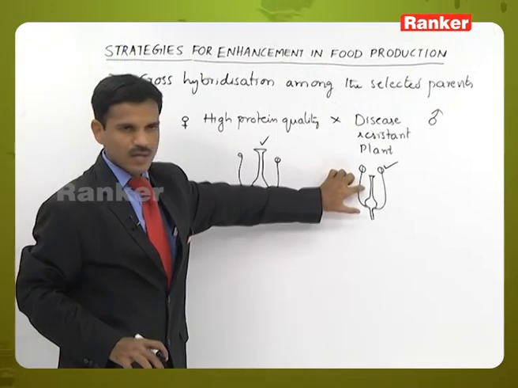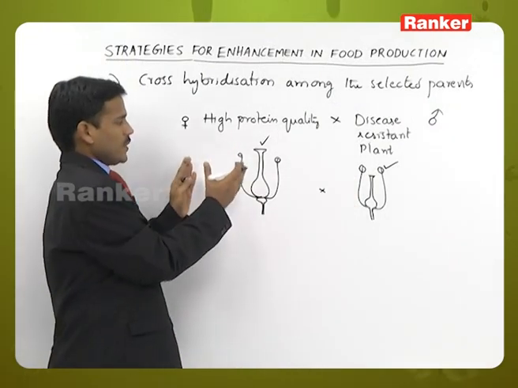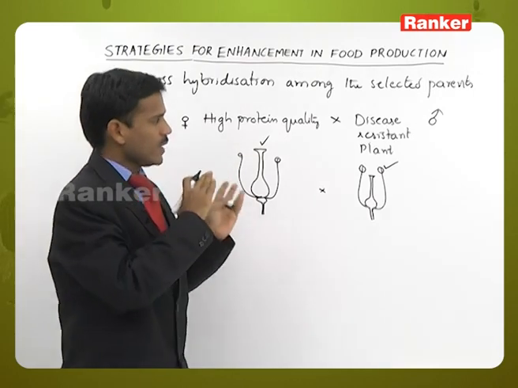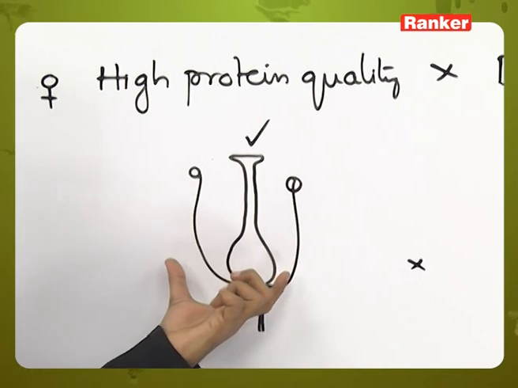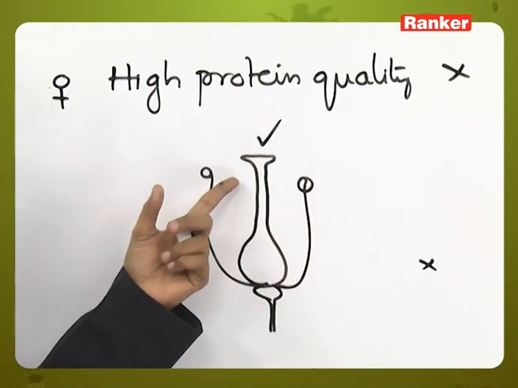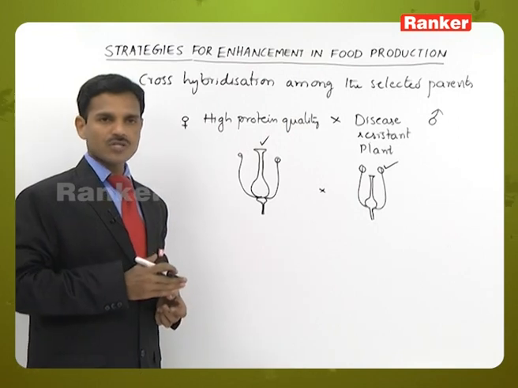The female sexual organ is not useful there. In a bisexual flower, male and female sexual organs are both present, so there is a chance of self pollination also.